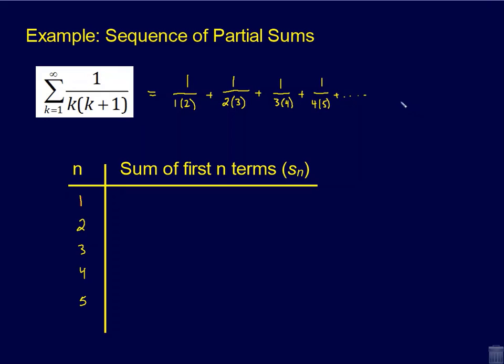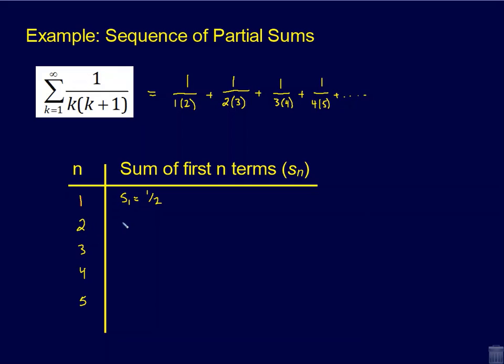supposedly forever. Okay, so what I'm going to make a list of now is a sequence made by adding successively longer lists of these numbers. So in the first row, I'm adding up just the first number. And that would be the sum of just the first number, which will be 1/2.